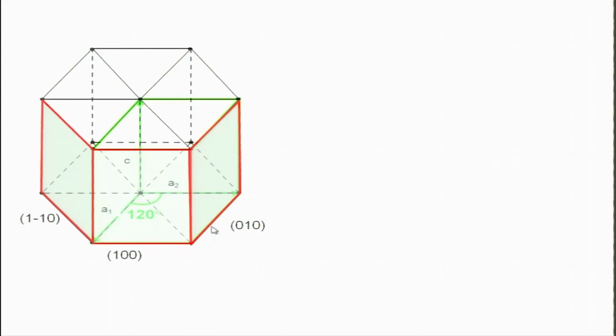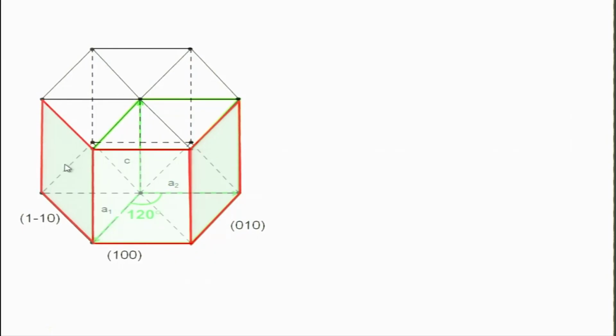If I draw this cell, this face on the right will be 0 1 0 in the 3 coordinate system. The problem is with this face. How do you index this face? This face is also a face of another adjacent unit cell.